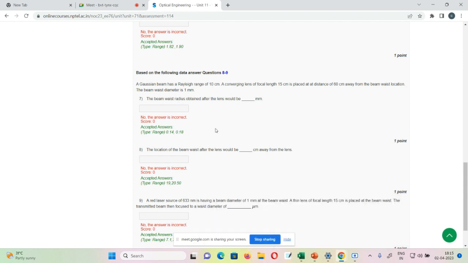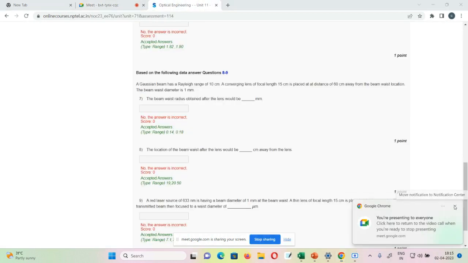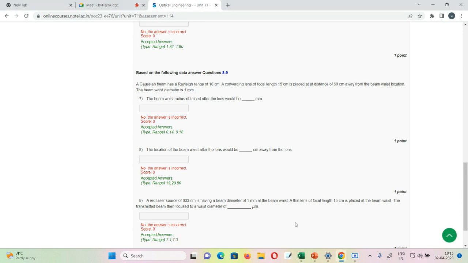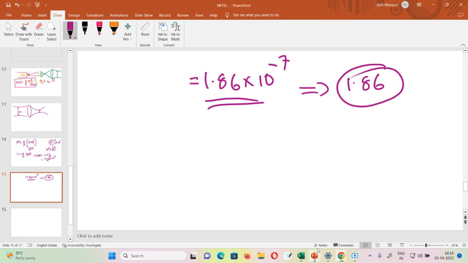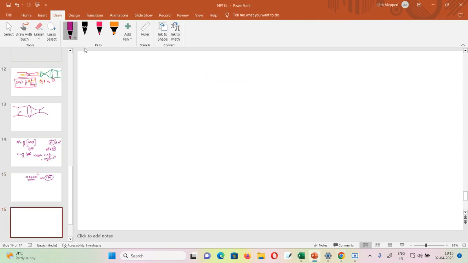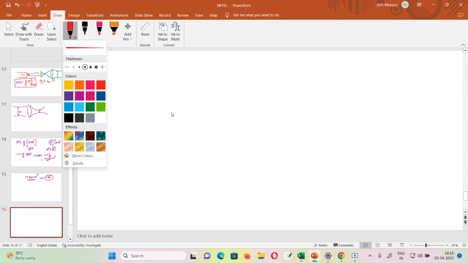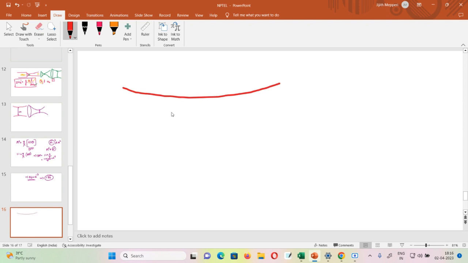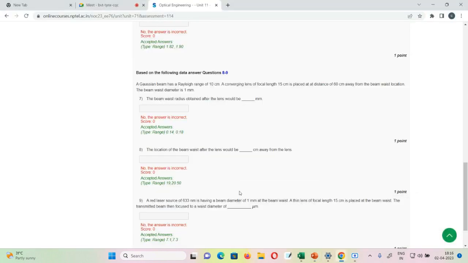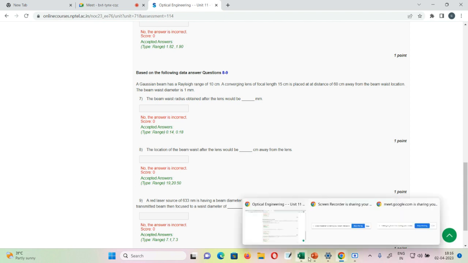So what is the condition they are having? You are having a Gaussian beam, and the beam waist diameter is given as 1 millimeter.